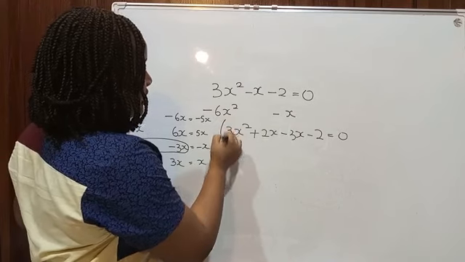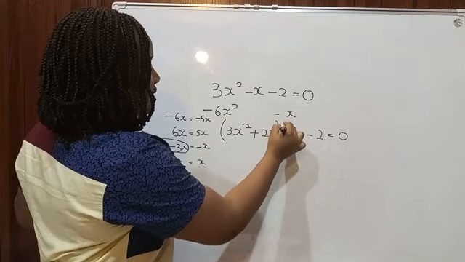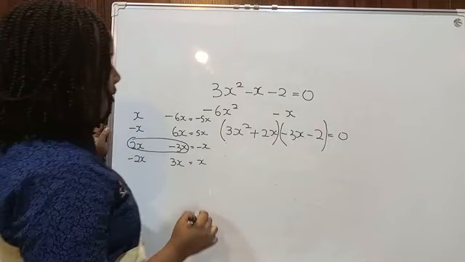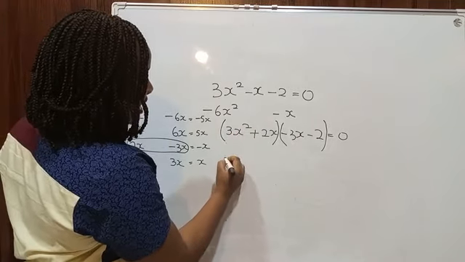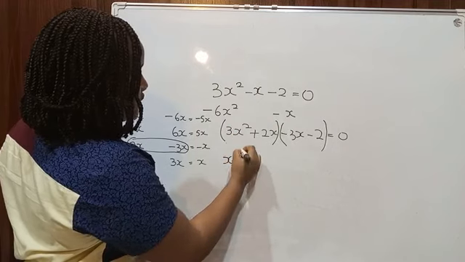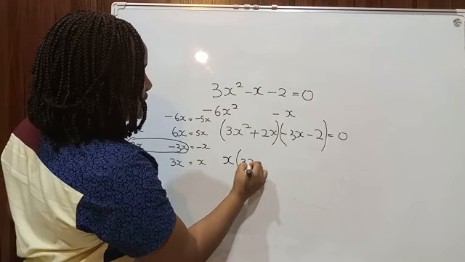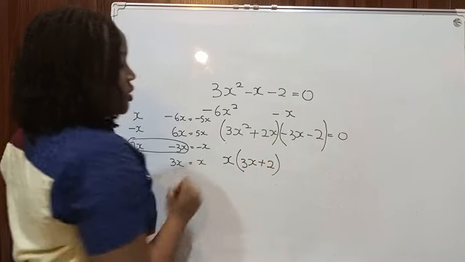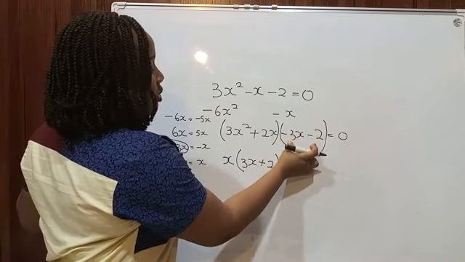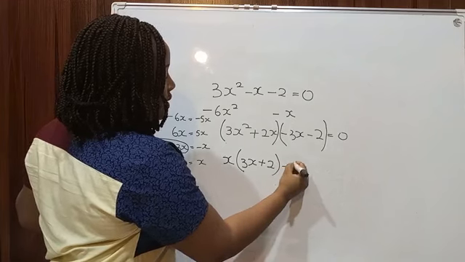So you try grouping them. Here, what they have in common is x, bracket 3x plus 2. Now this here, what they have in common is minus 1.